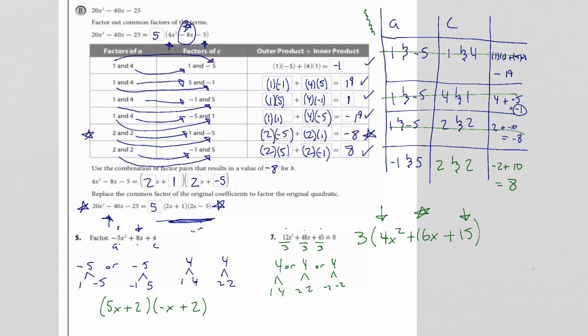And then what are the factors of 15? There's several. We got 15 and 1, and 3 and 5, or you can make them both negative, and those would also be factors of 15. So let's just get busy with a column here, and we can try to figure this out. A, B, and C. You'll likely definitely need to write stuff down to try to figure these out.